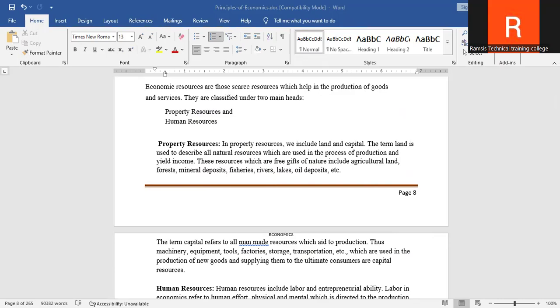And then you have human resources. They are mental or physical efforts offered by people to production in society.